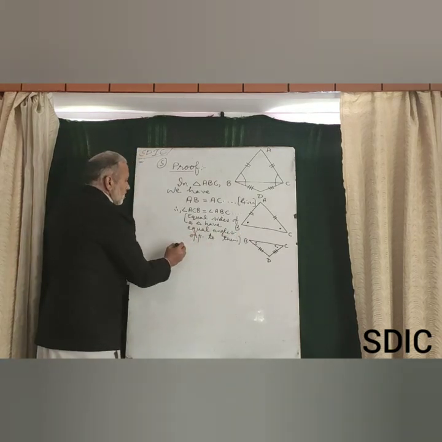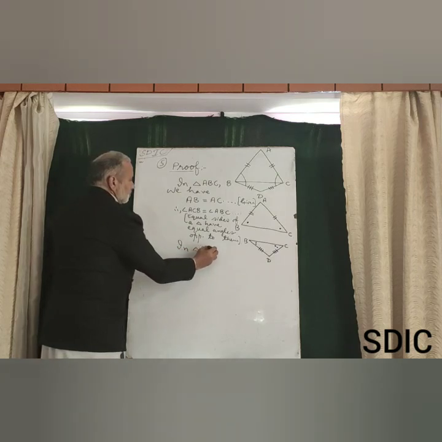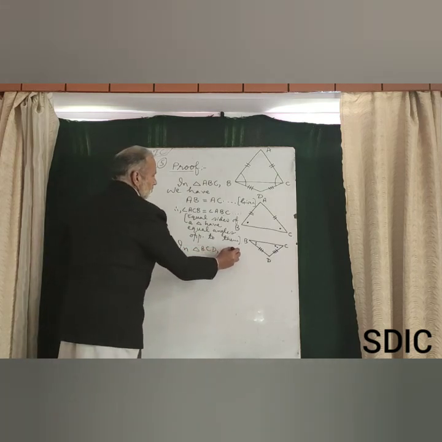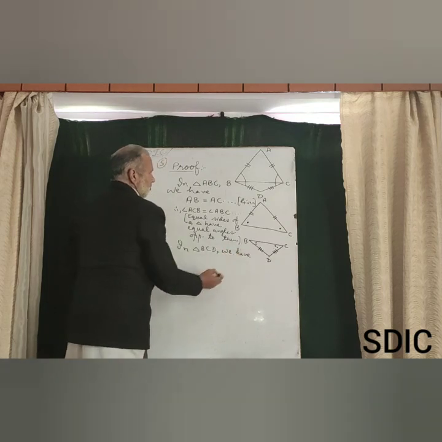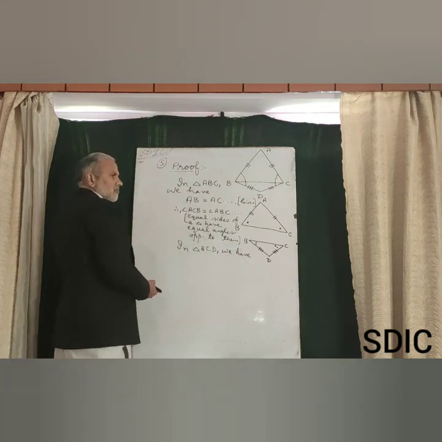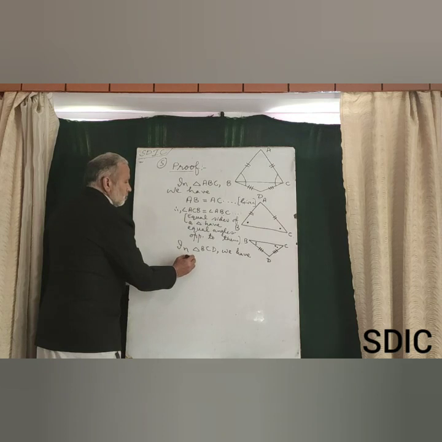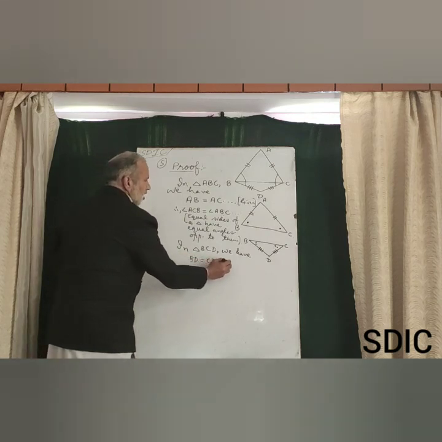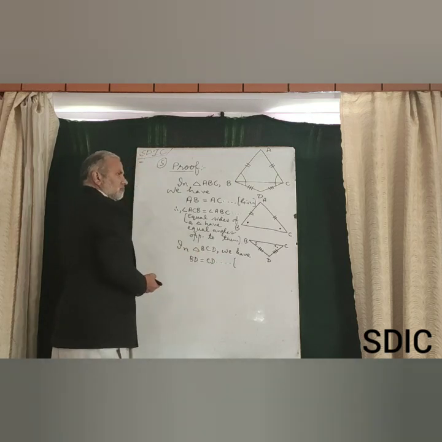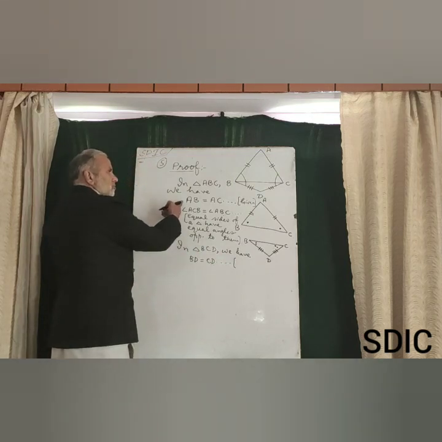Then we'll choose another triangle. In triangle BCD, we have the same steps, names will change. This time BD is equal to CD. Again it is given to us. This step is followed by the result, theorem.